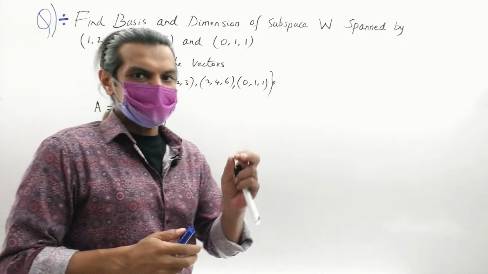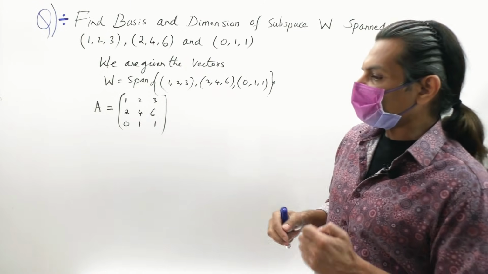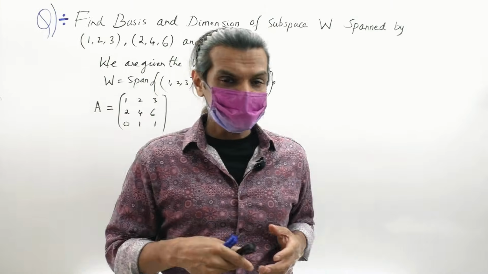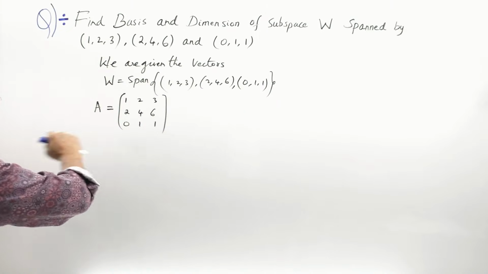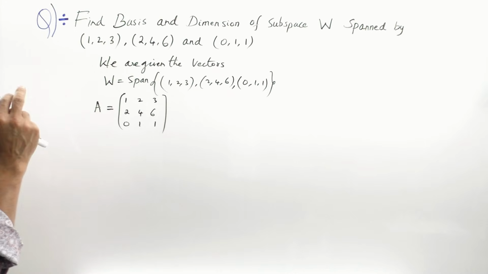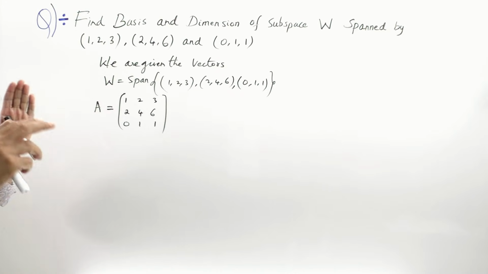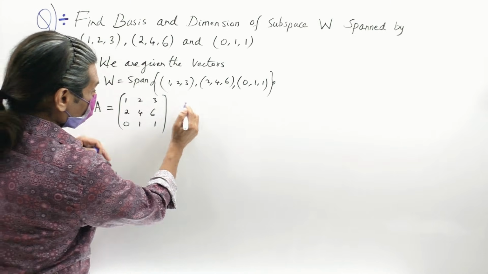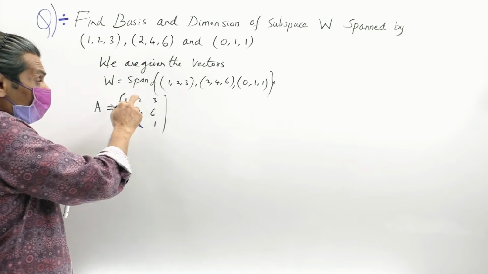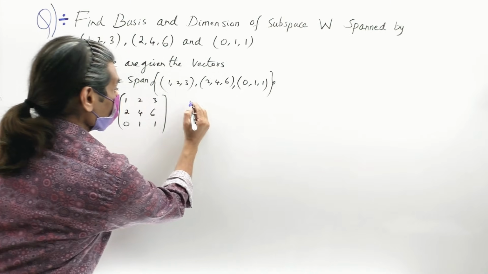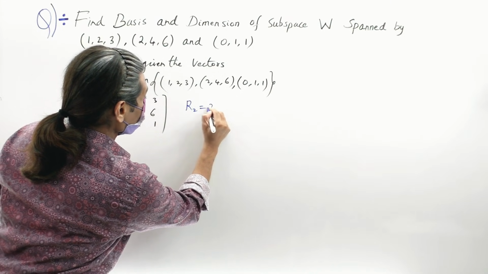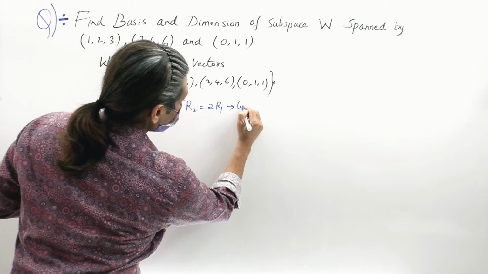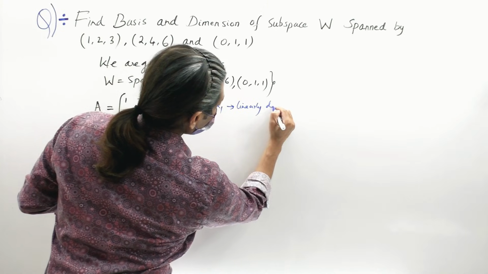Before moving on, let's discuss some small theory here. I have already solved in the previous video a problem on linear dependency and linear independency. Looking at this matrix, can you tell me, is it linearly dependent or independent? It is linearly dependent here. Why? Because if you see carefully, row 1 is (1, 2, 3) and row 2 is (2, 4, 6). Row 2 is nothing but 2 times R1, so it is linearly dependent.